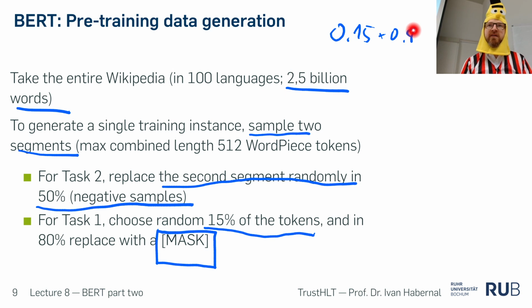About 0.12. So 12% of tokens will be replaced. I don't know why they do it like this. Maybe there's a reason for first selecting the tokens and then masking. But basically, you just take a random sample of tokens and mask them.